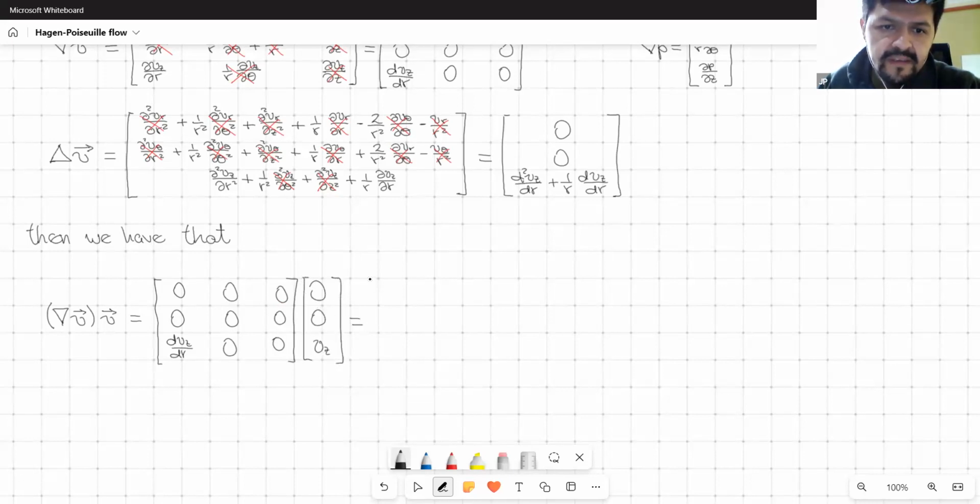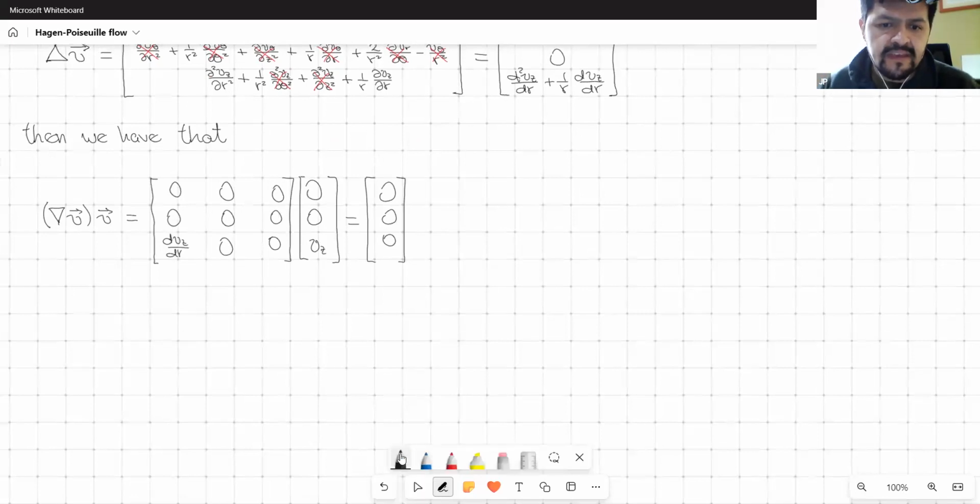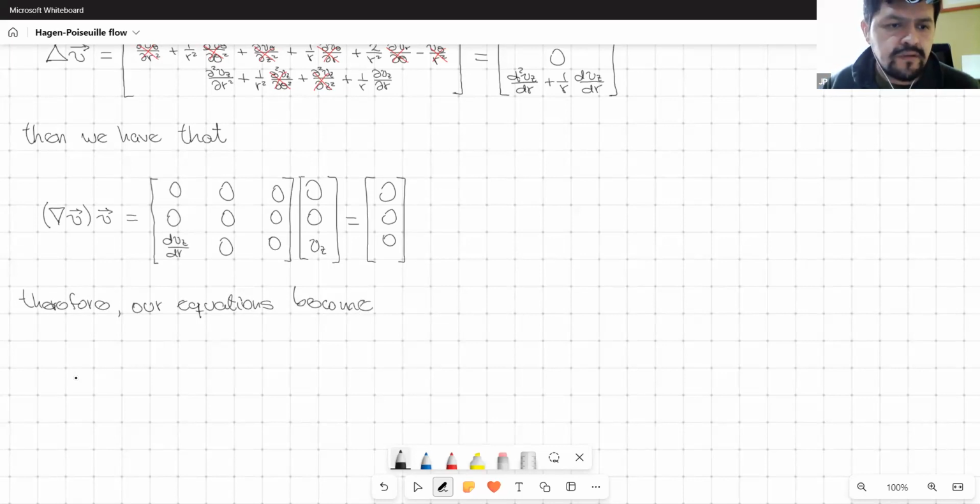It's easy to see that every single term of this vector will be 0. Therefore, our equations become, on the left-hand side, 0, because remember, we said that this is steady state flow, and we also just proved that this term is 0, so nothing survives on the left.